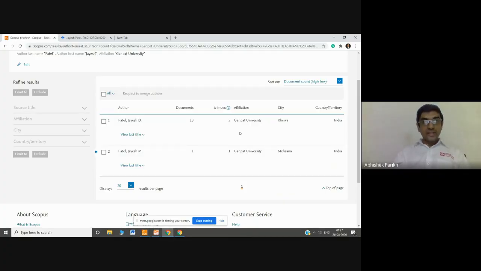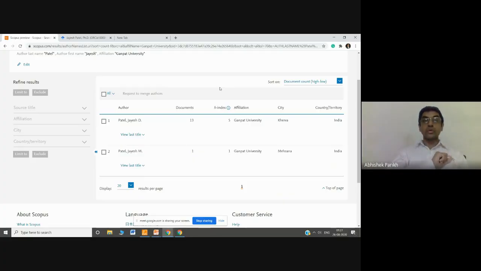In that case, once Jayesh Patel moves to another institute, he may not claim that article, because Ganpat University already paid the fund for it. So this article will remain under the institute. Of course, the name of author Jayesh Patel will remain, so it will be reflected in the author profile of Jayesh Patel, but it will be reflected in Ganpat University also. That is number one.